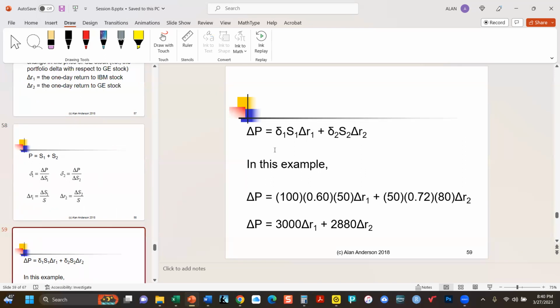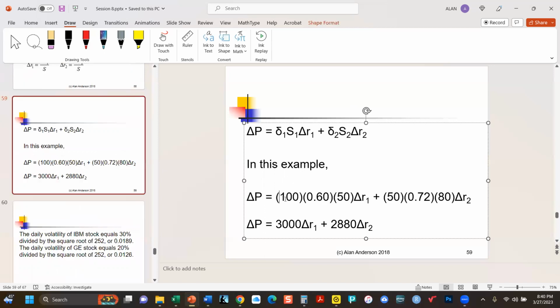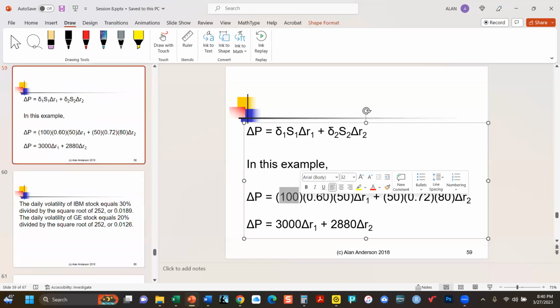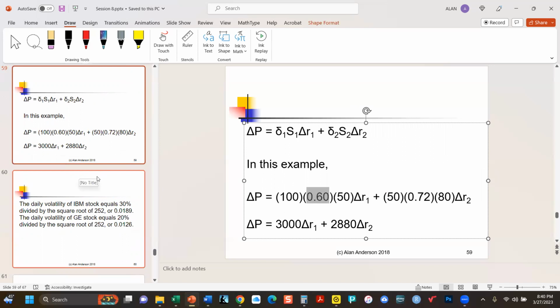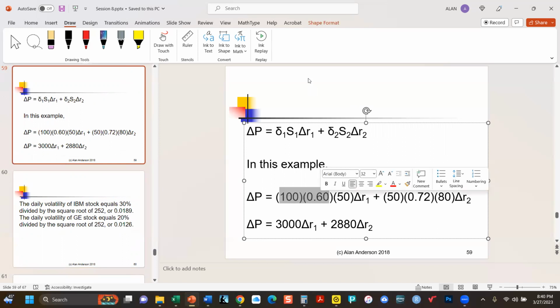But what we do know is the number of shares that we have, the delta of the stocks. So notice, why is this here? Because if each IBM option has a delta of 0.6 and there's 100 options, that implies a total delta of 60.